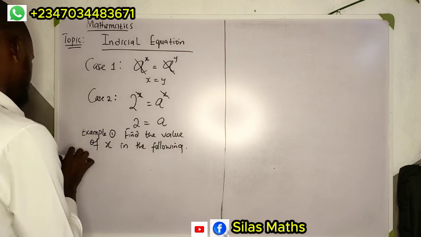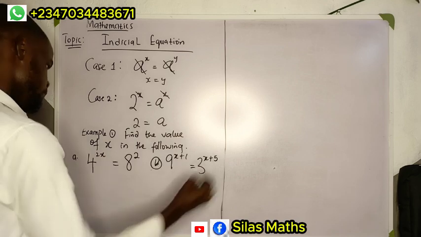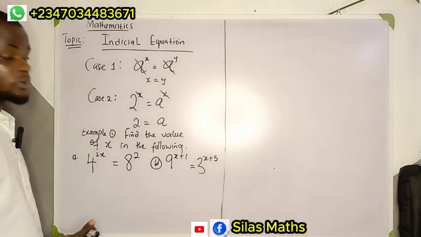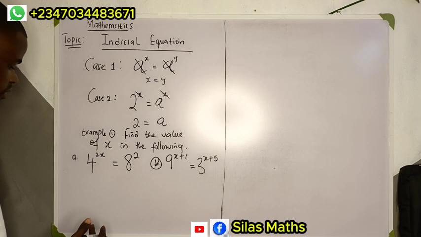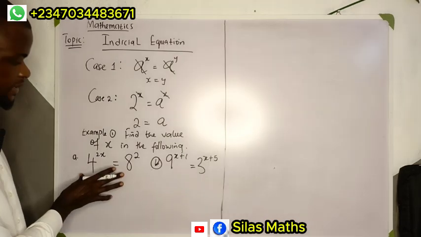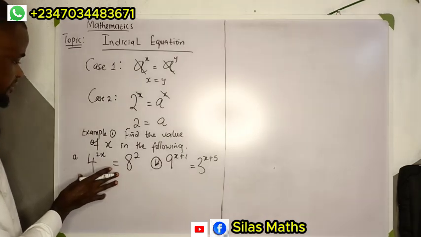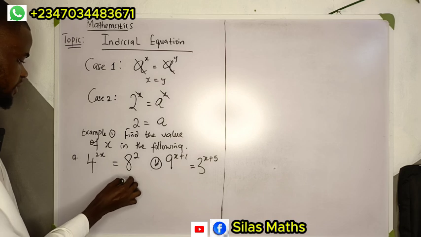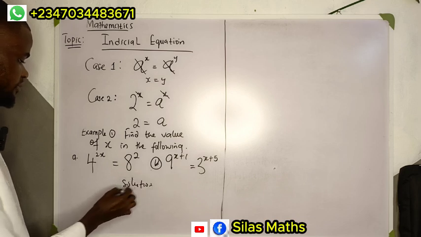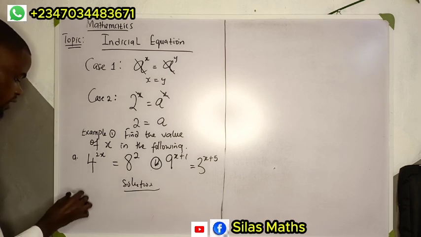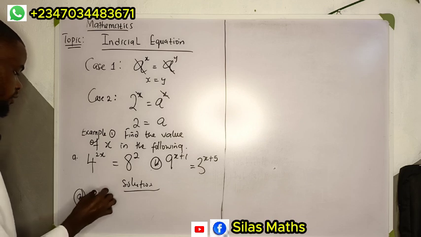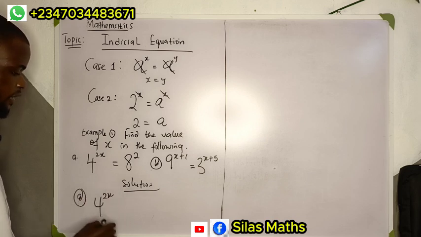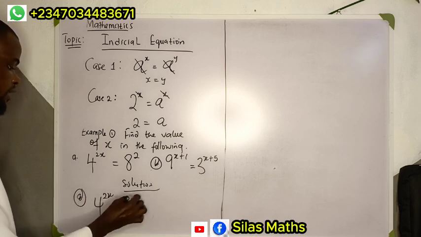Let's consider these two equations. Number 1, I have this, so we should find the value of x. Let's pick this first one. I have 4 raised to power 2x equal to 8 exponent 2.